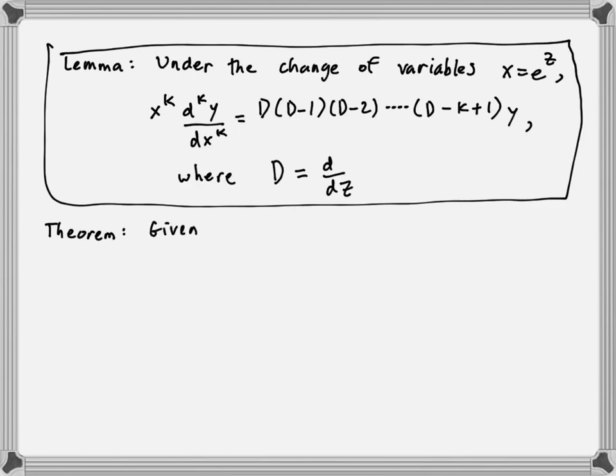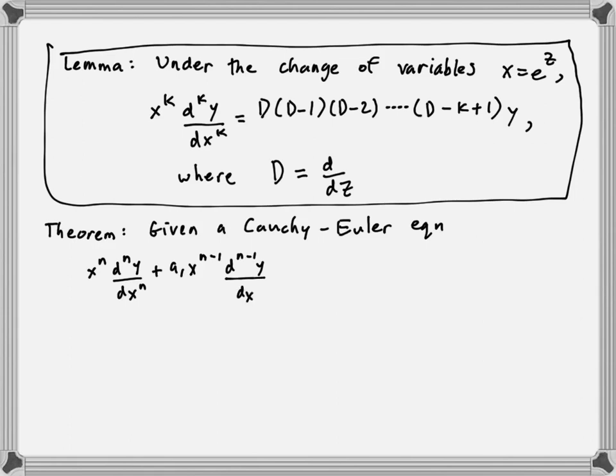So given a Cauchy-Euler equation, x to the n d to the n y over dx to the n, plus a1 x to the n minus 1 d to the n minus 1 y over dx to the n minus 1, plus, up to a n minus 1 x dy dx plus a n y equals 0, where x is greater than 0.